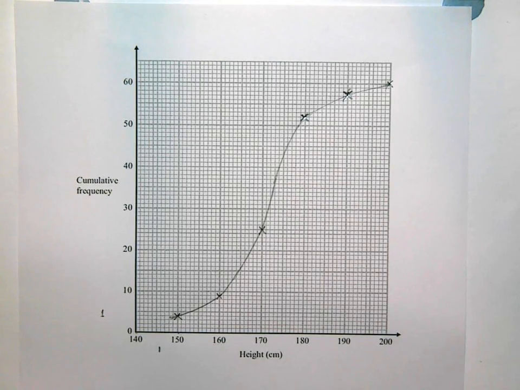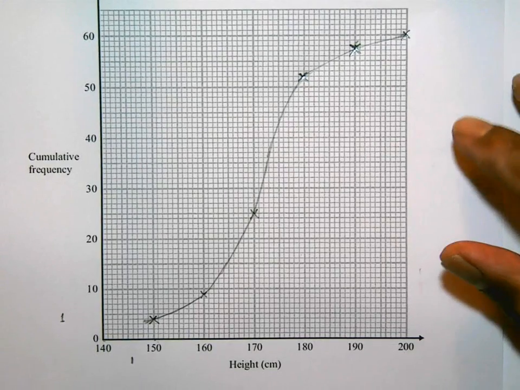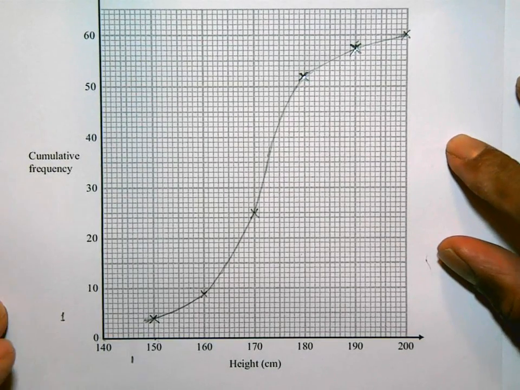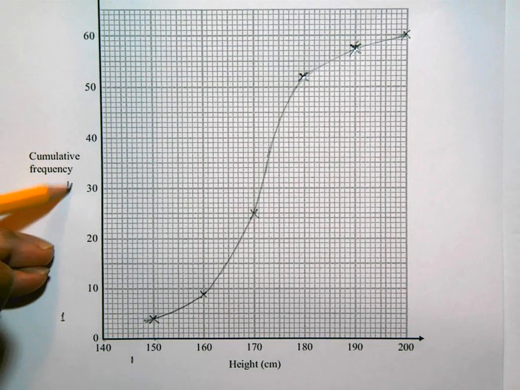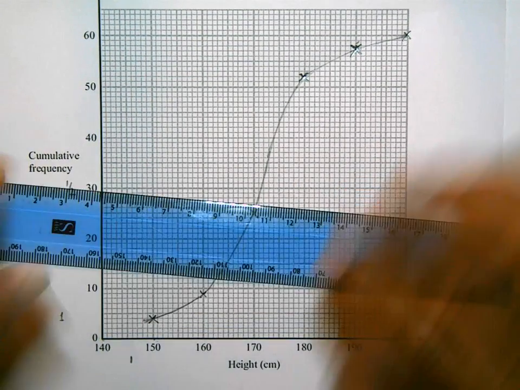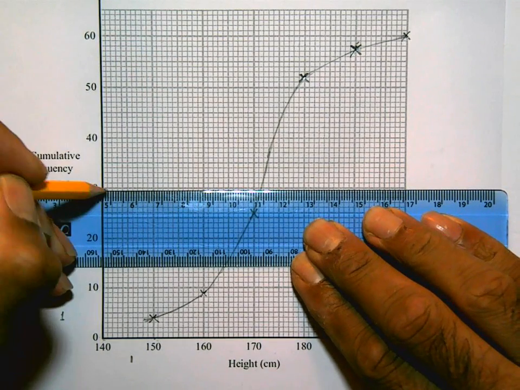So finding the median value is halfway up. Given that we go all the way up to 60, halfway up would be 30, and so to work out the median, I'm going to go across from there and then down.